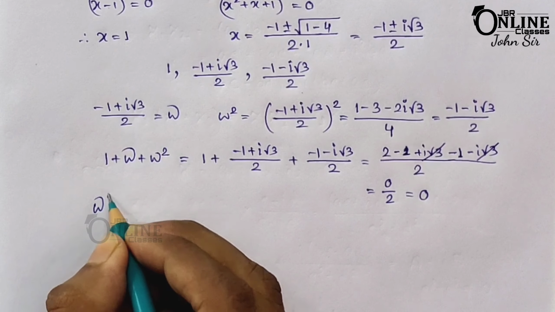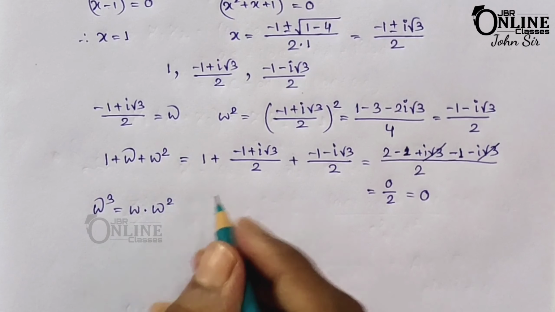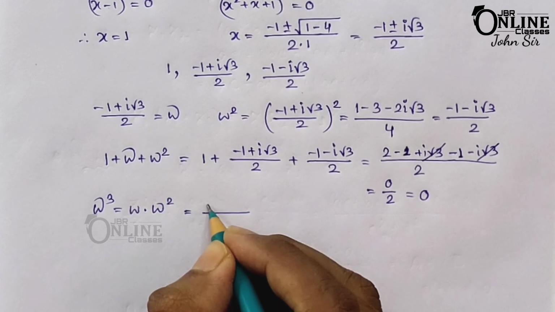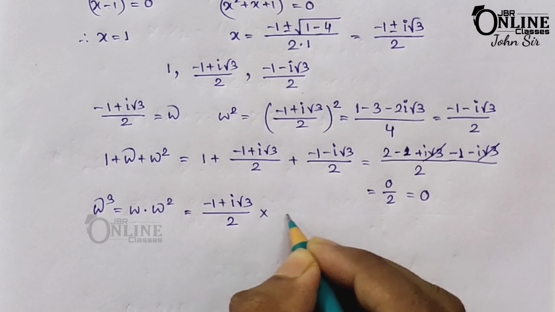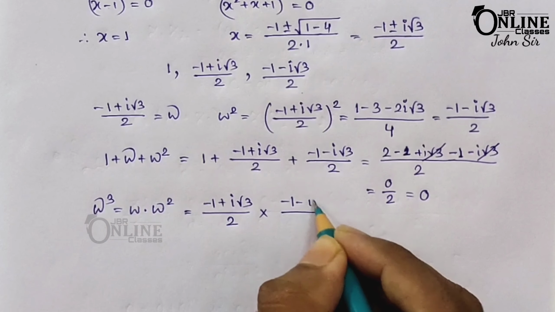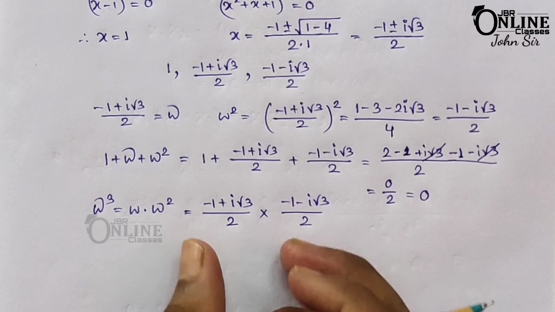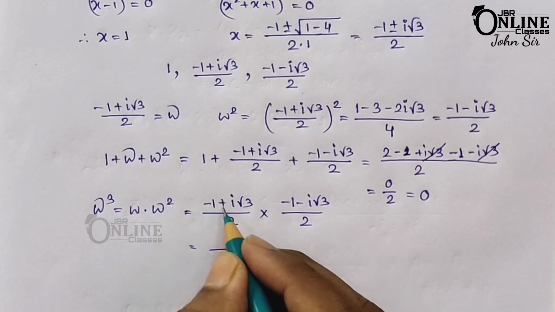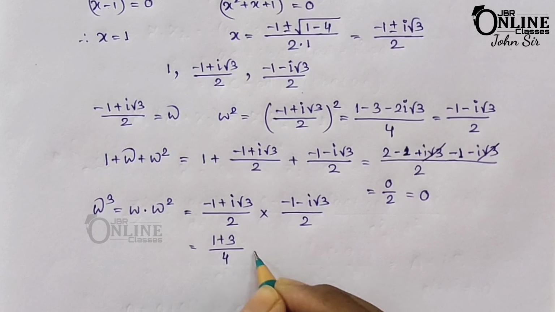And also you know that omega cube means omega into omega square. You know the value of omega, that is minus 1 plus i root 3 by 2, and omega square equals minus 1 minus i root 3 by 2. Now if you multiply these, you will get the a square minus b square formula. So the upper one will be 1 plus 3 and the lower one will be 4.